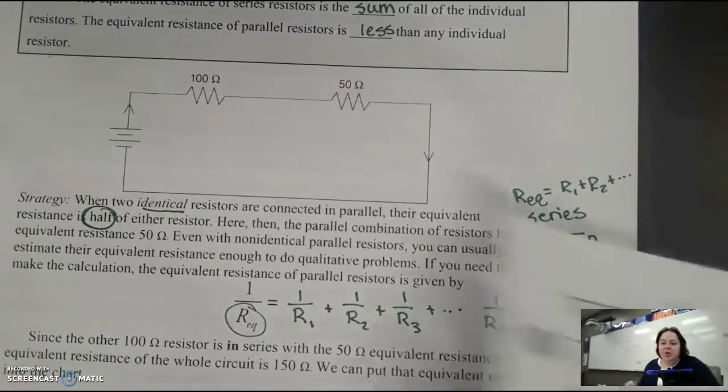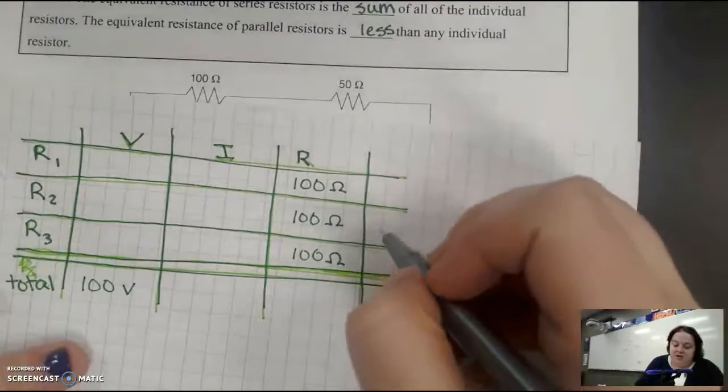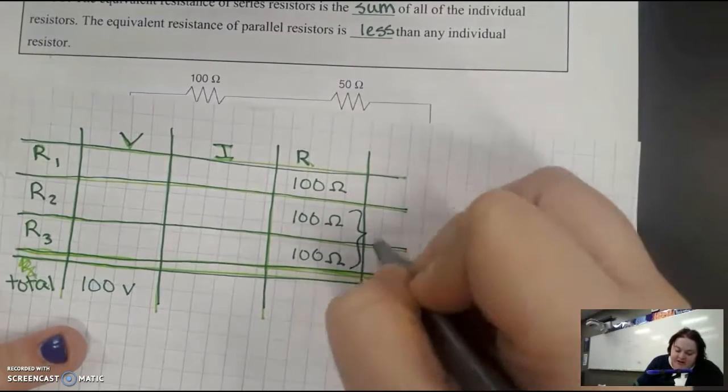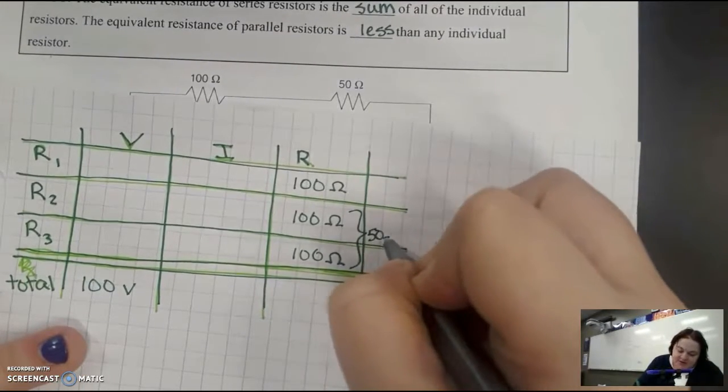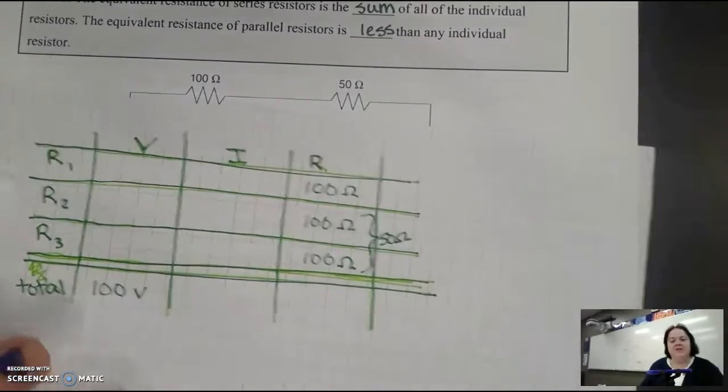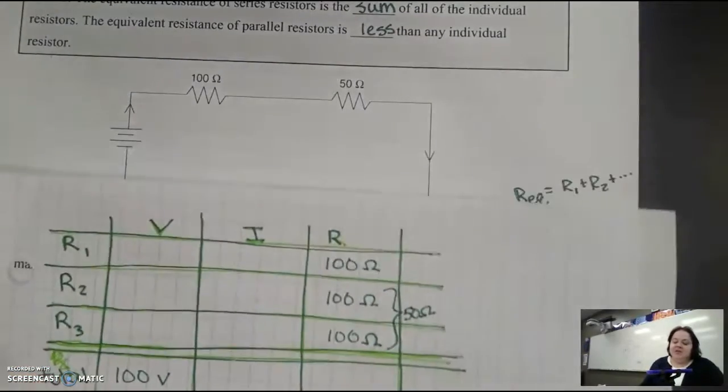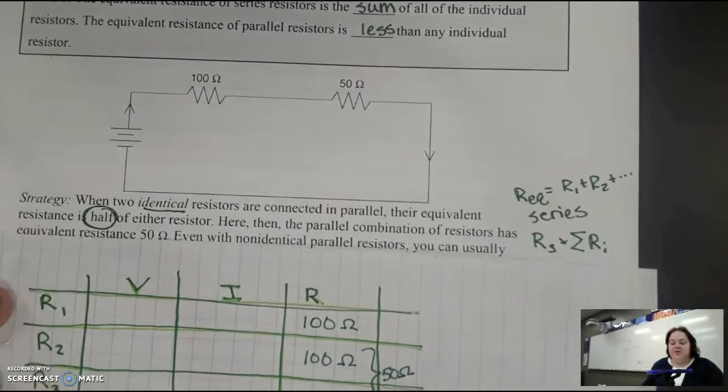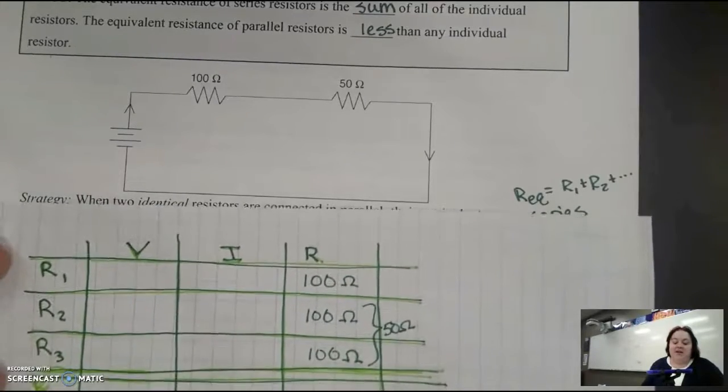This doesn't really go anywhere on our VIR chart. You could kind of write it in here that this is 50 ohms combined. That's not super useful on its own, but it's going to be useful in terms of getting us other things.